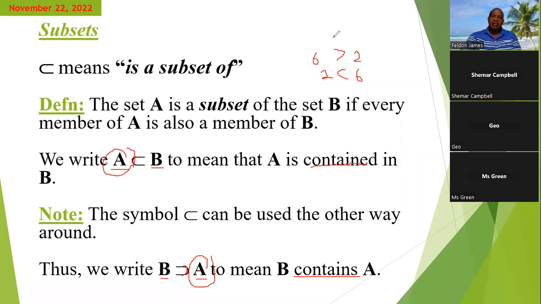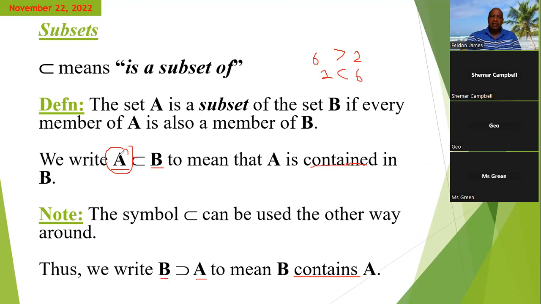Right. So in a similar way, if we look at the subset symbol, the curve end will point to the subset. So the subset is the set that is formed from the other set.